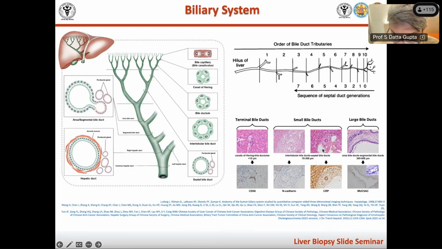Interlobular bile ducts up to septal ducts are 15 to 300. Then 300 to 800 are the large bile ducts. They start from the area bile duct and segmental and then right and left hepatic and common. Okay, there are about 8 to 10 generations. So this is the terminology you use, right?